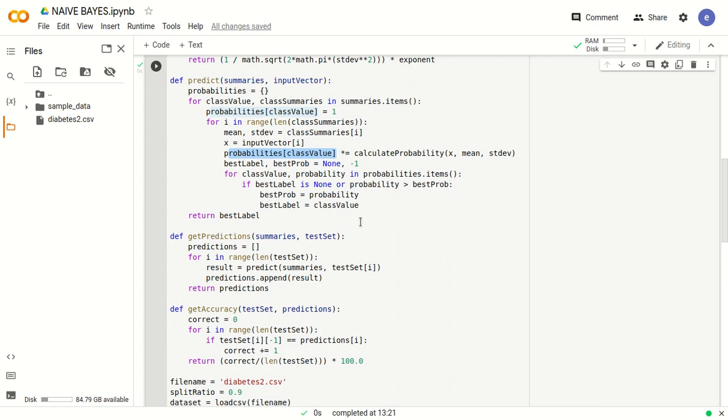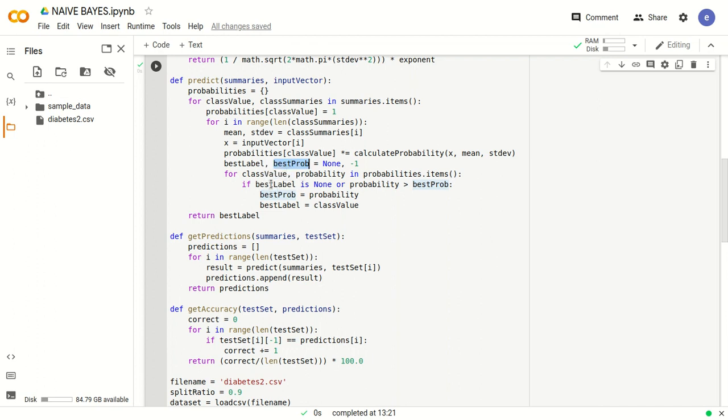Initially the probability value will be 1, but then it will be updated. Once we are done with this, because we are traversing the entire testing data set, for each instance we will have what is called best label and best probability. Best label will be initialized to None and best probability will be initialized to -1. Since we are calculating and updating, we just do this comparison.